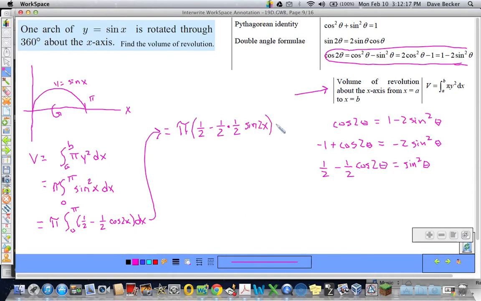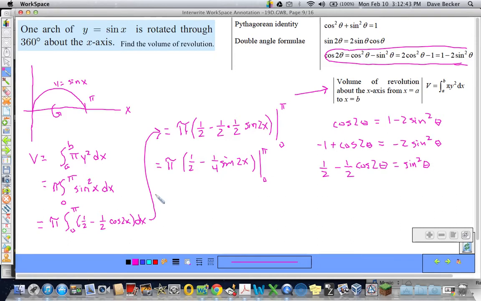All done now, evaluated from 0 to pi. Clean that up a little bit. I have pi times 1/2 x minus 1/4 sine 2x, evaluated from 0 to pi.